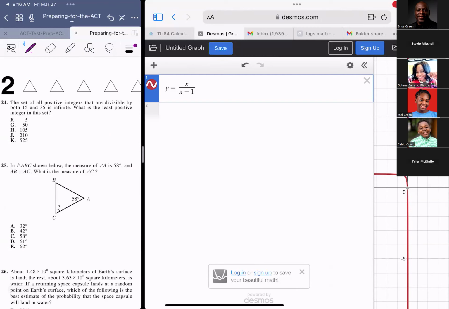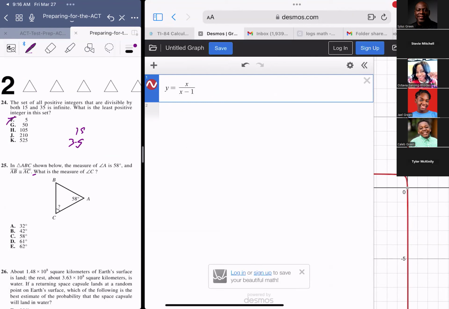Question 24: the set of all positive integers that are divisible by 15 and 35 is infinite. What's the least positive integer in this set? So it's asking, what's the lowest integer that's divisible by 15 and 35. Okay, so 5 is not divisible by 15 or 35.